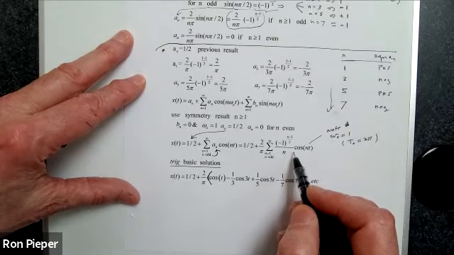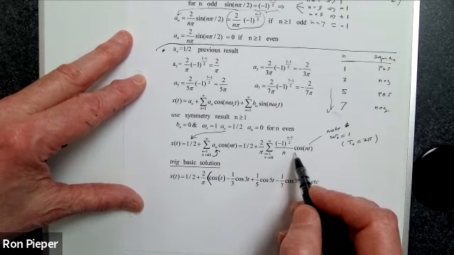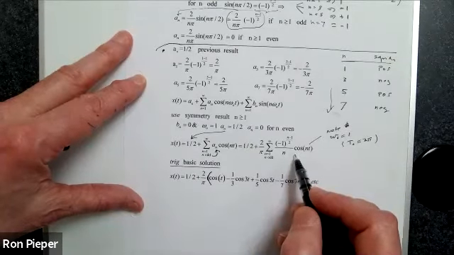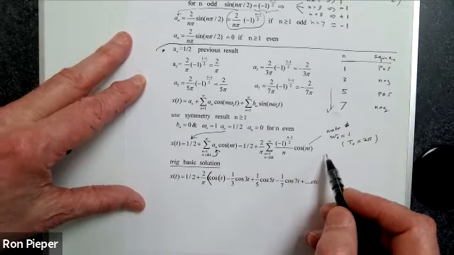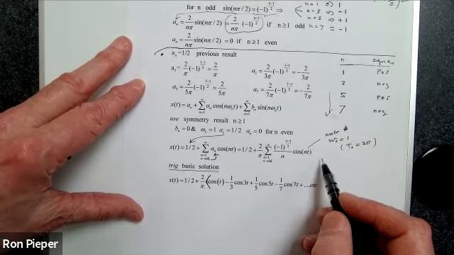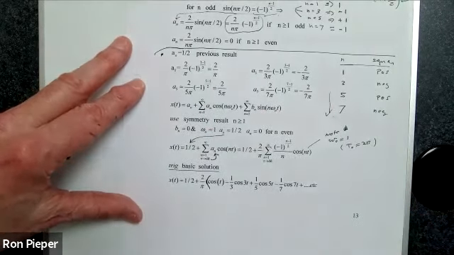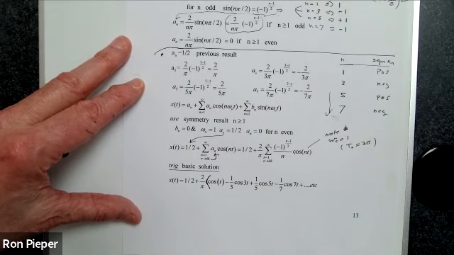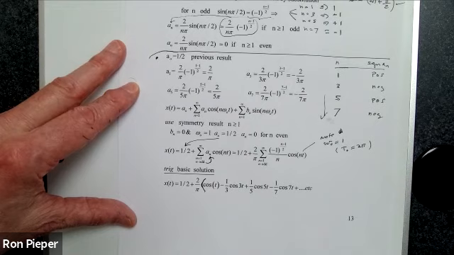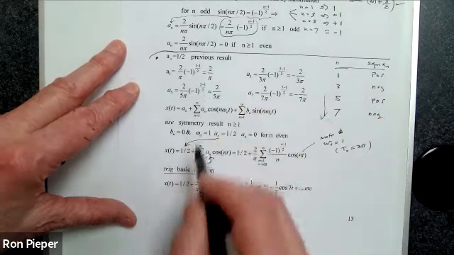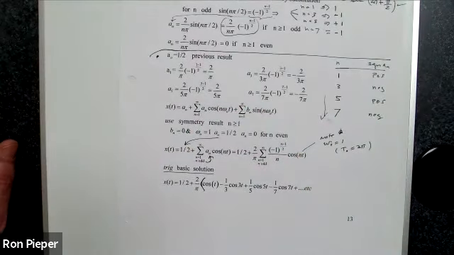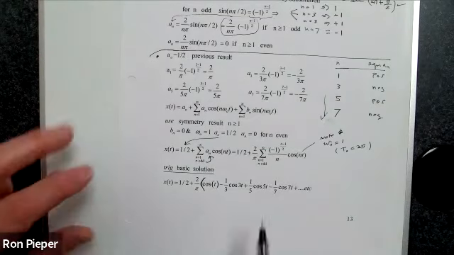Now, in doing that, what factor seems to be common in all these terms? Anybody recognize that factor? 2 over pi is common to every one of these, so we can factor that out.